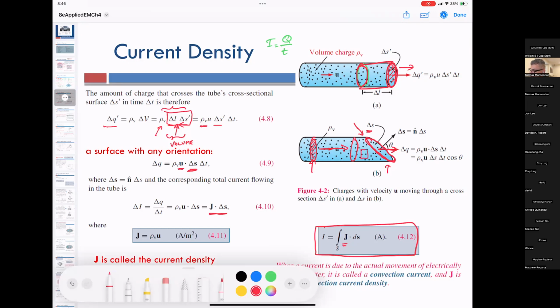So by just looking at the density, you can calculate the current density, and then depending on the area you have, you can basically get different values by just multiplying it by different areas.